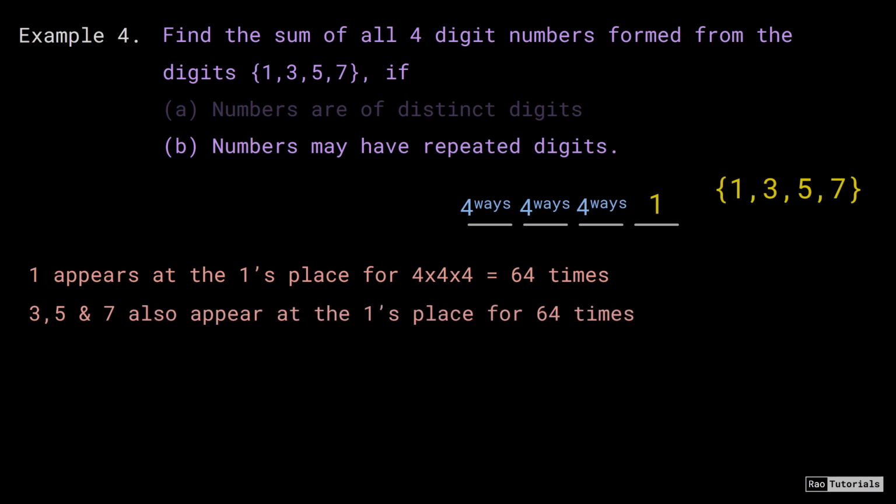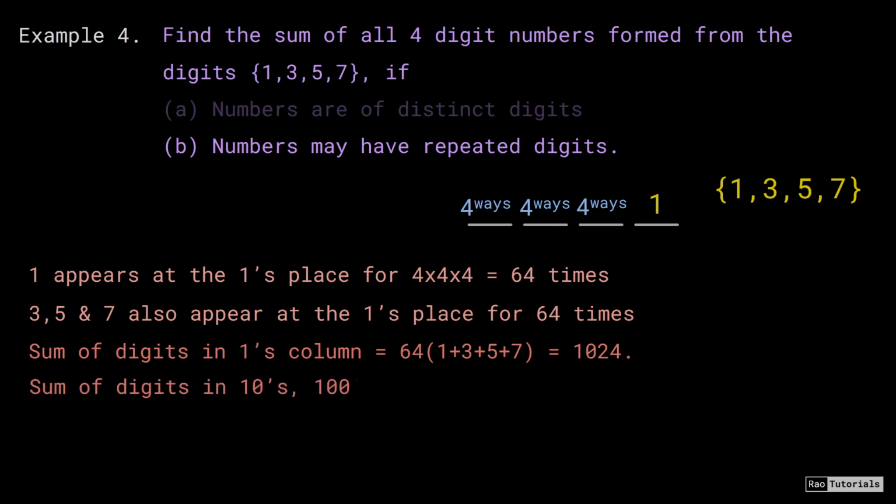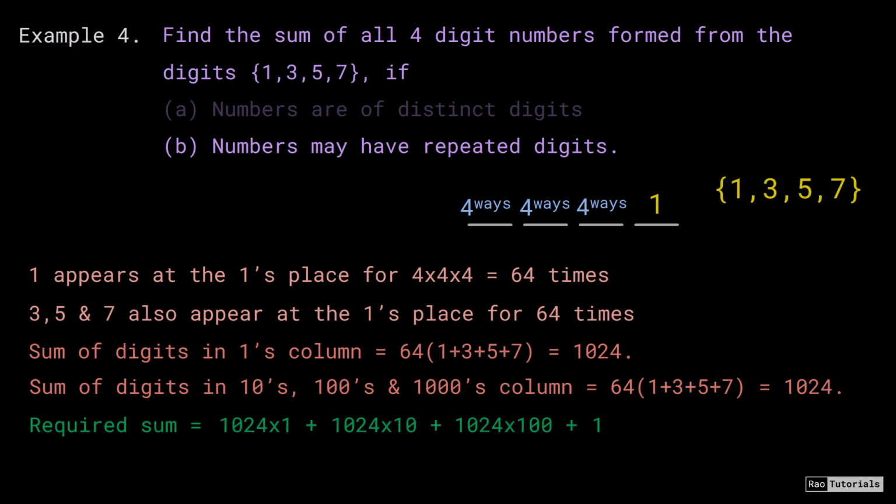They all appear 64 times in the units place. So the sum of digits in the units column is 1024. In fact, the sum of digits in all 4 columns is 1024. So the sum of all the numbers that we can form is 1137664.